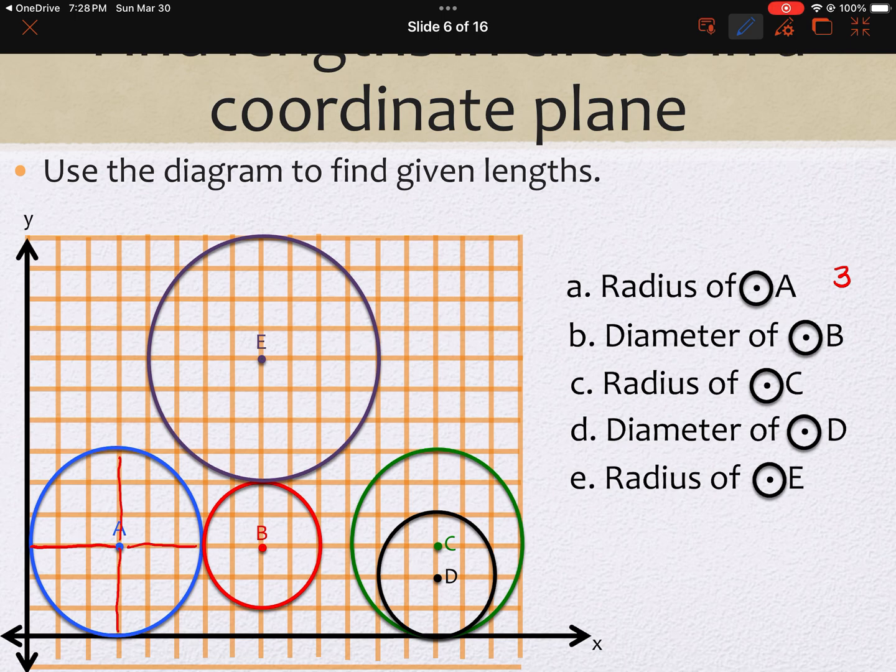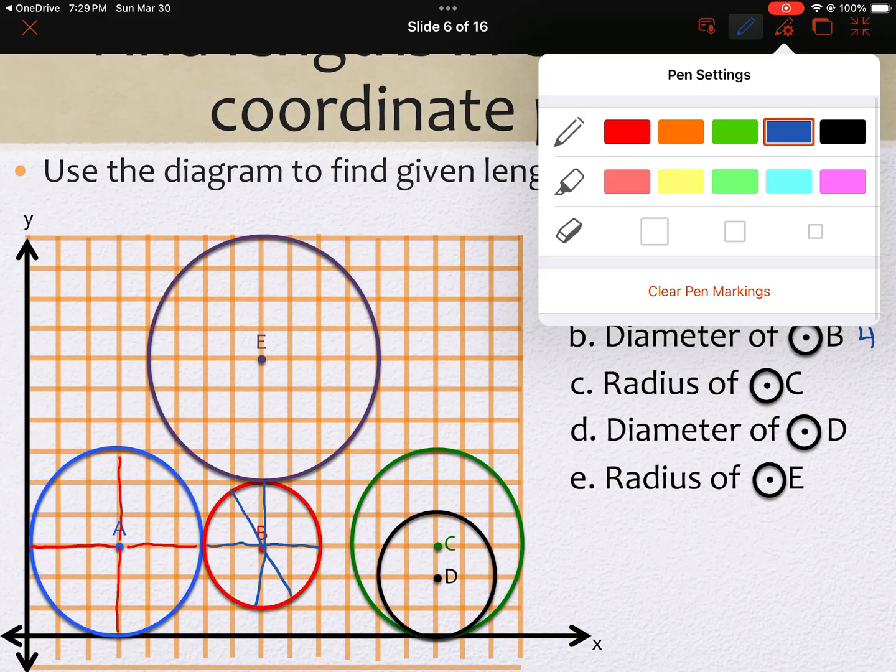What is the diameter of circle B? Well, again, you can draw a lot of different diameters, but the diameter would have a length of 4. A diameter would be that blue segment, or this blue segment, or this blue segment, so on and so forth. What is the radius of circle C?